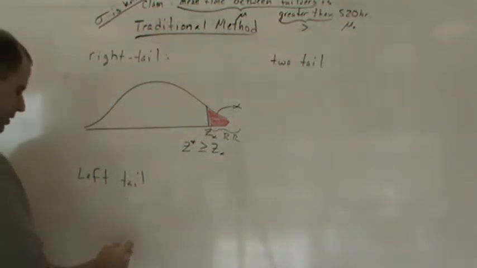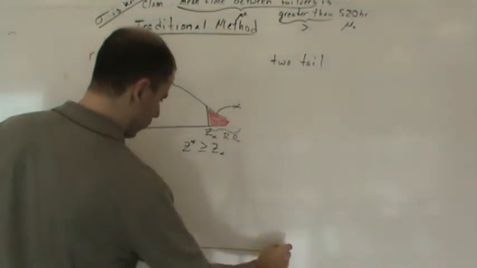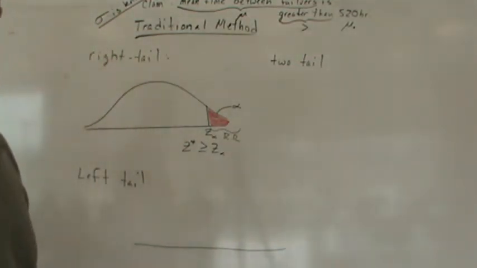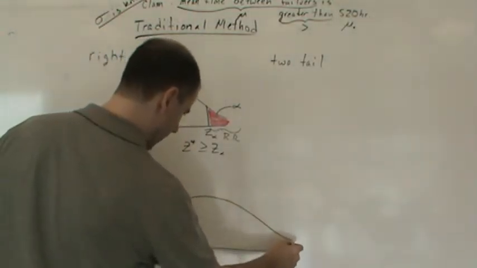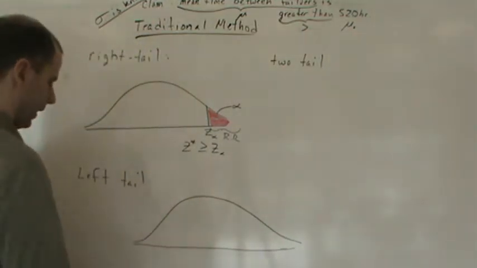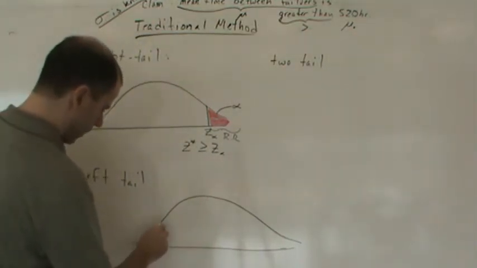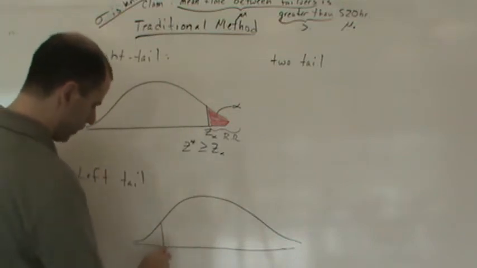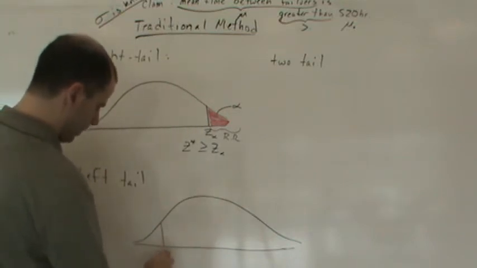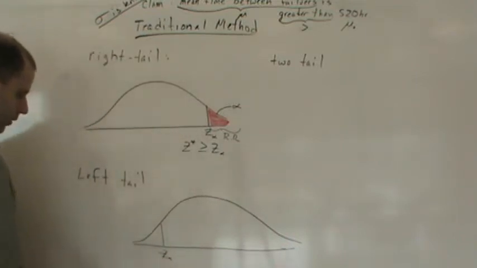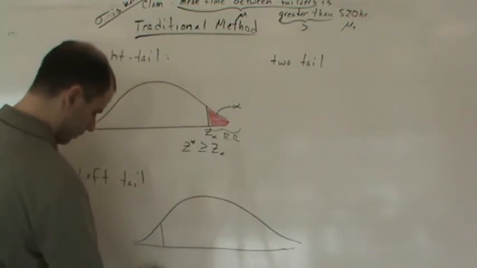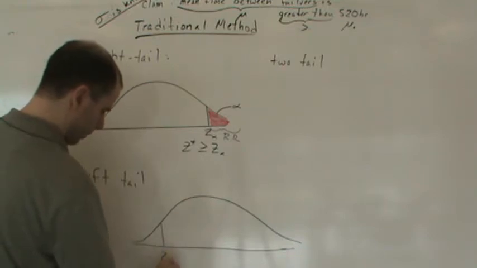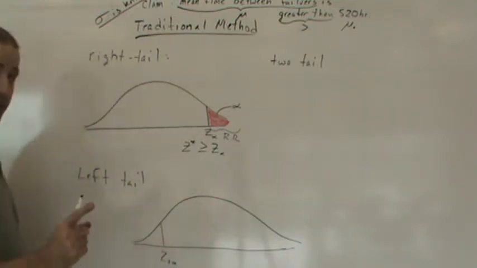The left tail test, if you realized, but now, that it's going to be the other way. So here's our curve. And a left tail test means that our critical value is going to be on the left tail. So this is going to be negative Z alpha. Or in other words, we could also say Z 1 minus alpha, since again, alpha in this case is the area in the tail.